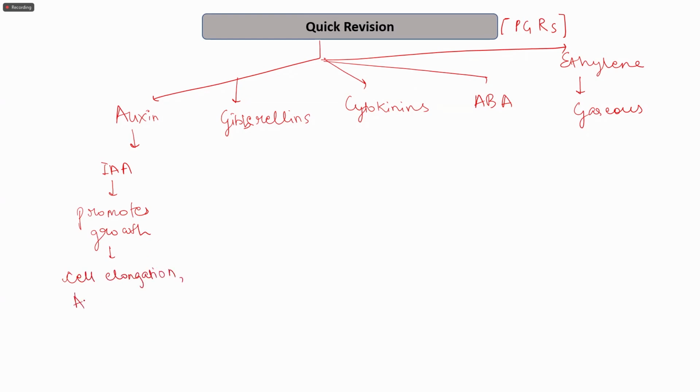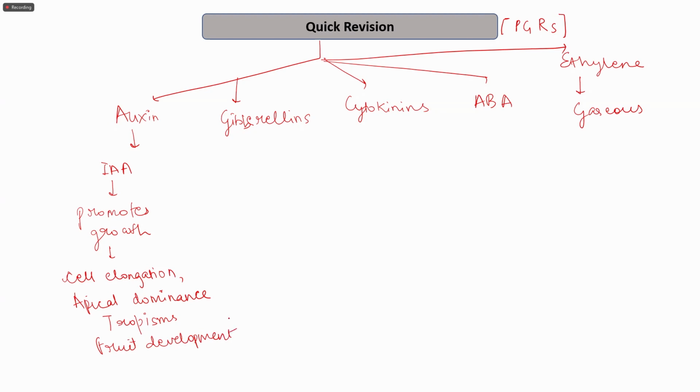They play an important role in apical dominance. Phototropism, which is the bending of the shoot towards the light, is an effect of the presence of auxin, and they also play an important role in fruit development.